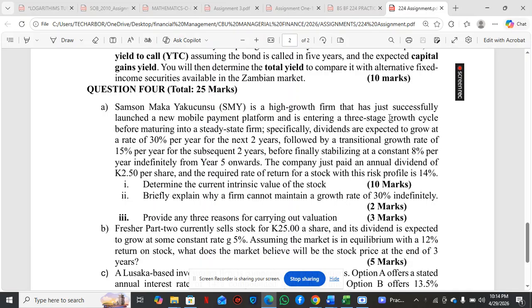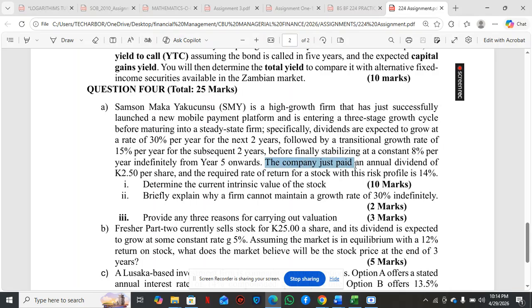entering a three-stage growth cycle before maturing into a steady state firm. Specifically, dividends are expected to grow at a rate of 30% per year for the next 2 years, followed by a transitional growth rate of 15% per year for the subsequent 2 years, before finally stabilizing at a constant 8% per year indefinitely from year 5 onwards.